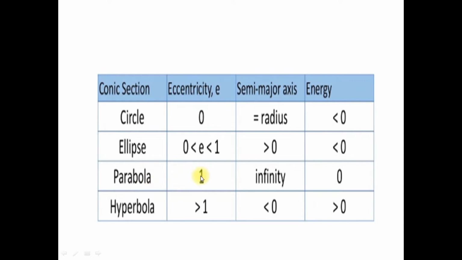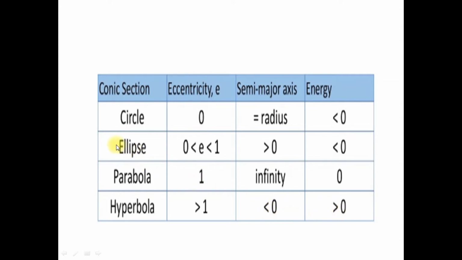Similarly, for the parabola, the eccentricity will be 1, the semi-major axis will be infinity, and energy will be 0. Whereas for the hyperbola, the eccentricity will be greater than 1, the semi-major axis will be less than 0, and energy will be greater than 0.